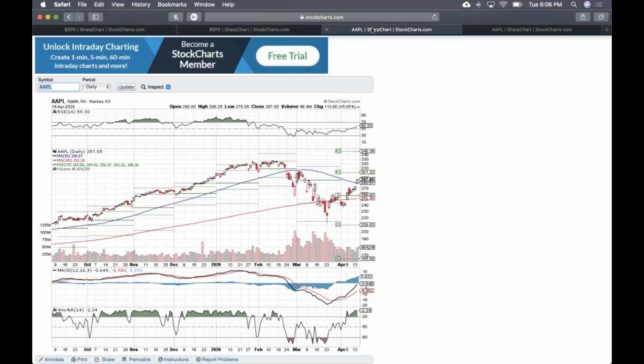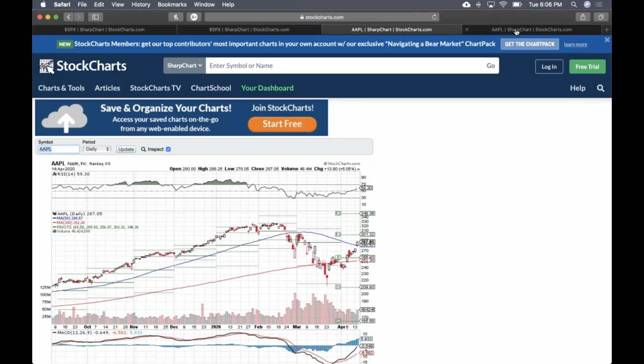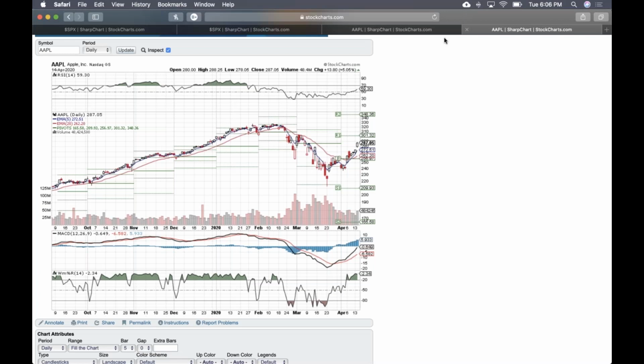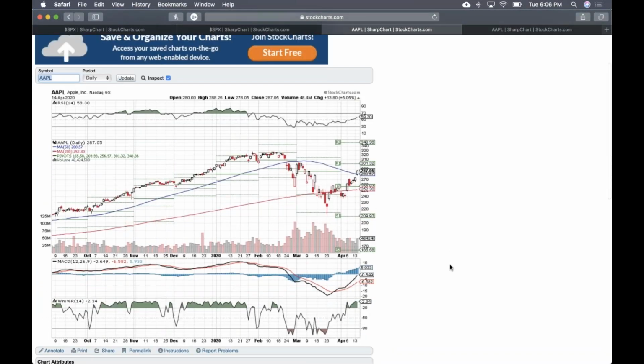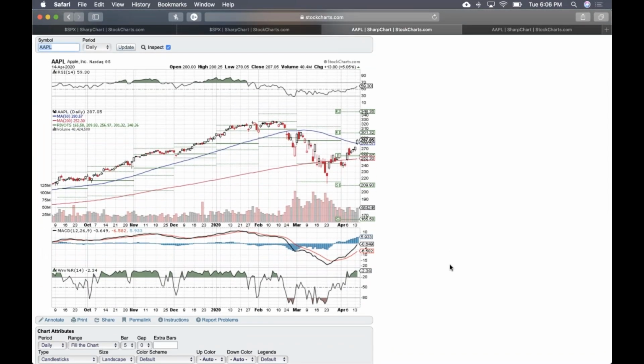In our markets, Apple, big move today on Apple as the iPhone sales jumped up in China for March numbers. They had 2.5 million versus the 500,000 or so in February.